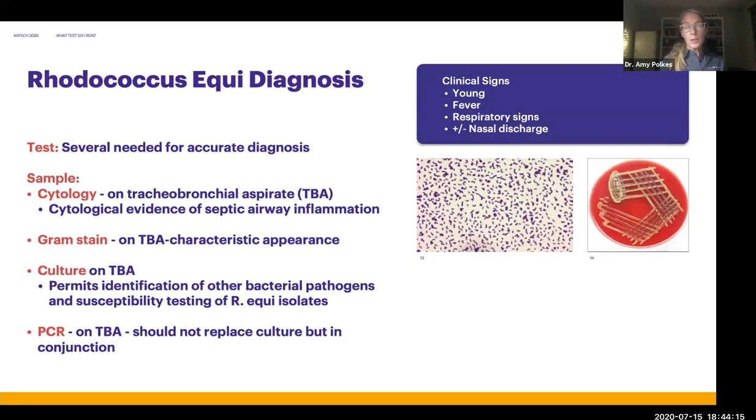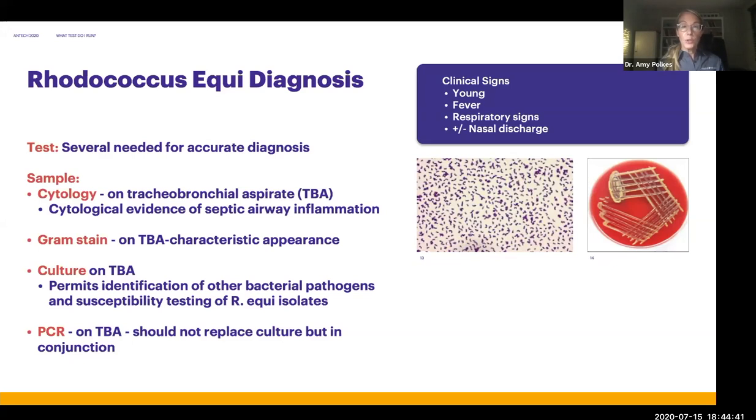But it is still important, even if you do know based on that, to do a culture, because first of all, it can identify, are there other bacterial pathogens? And second of all, the susceptibility testing, because there has been more resistance to Rhodococcus, and you really want to know what your susceptibility pattern is. So we do recommend that you do cytology, Gram stain, and culture.